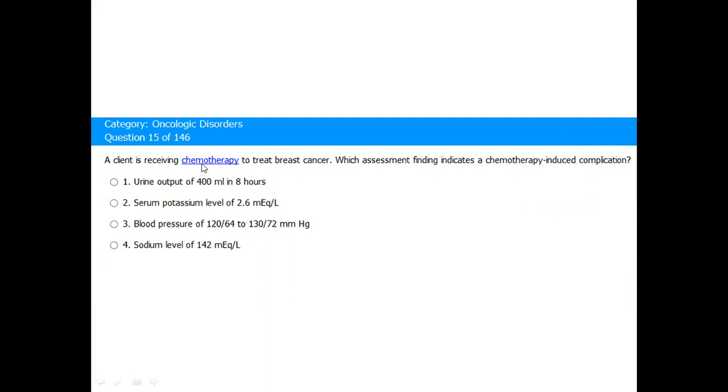So chemotherapy is basically the treatment of disease by the use of chemical substances, especially the treatment of cancer by cytotoxic or other chemotherapeutic agents.